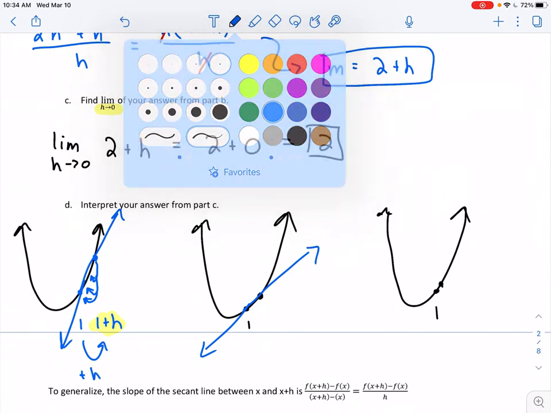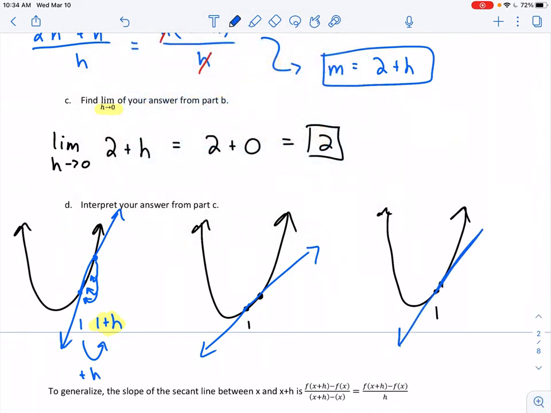What we're getting close to, hopefully you're starting to recognize it, is the slope of the tangent line at x equals 1. And that's what this answer from part C represents. It says if you take that other point, 1 plus h, and move it as close to 1 as possible, you will find the slope of the tangent line.